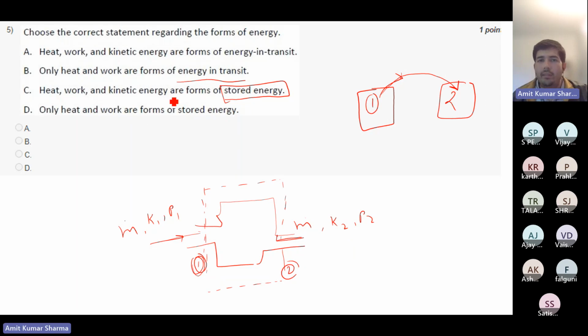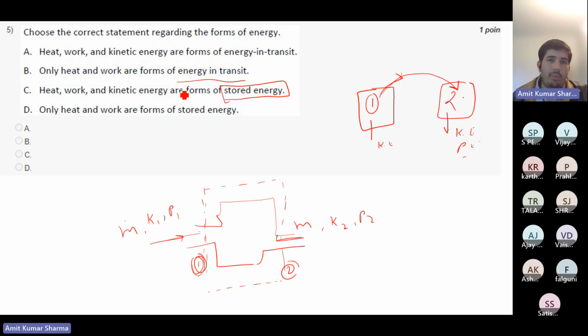Now at 1 there will be some kinetic energy, potential energy, and internal energy. At 2 also, because the gas molecules are moving everywhere and they have some temperature. So here also there will be kinetic energy, potential energy, and other energy stored as internal energy.